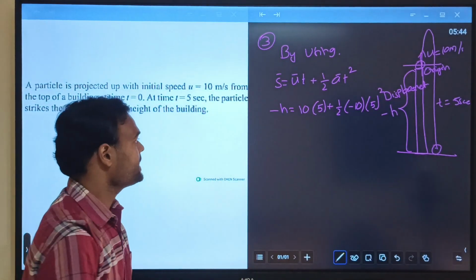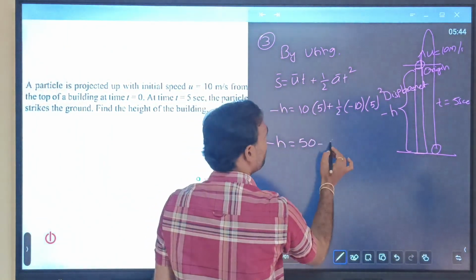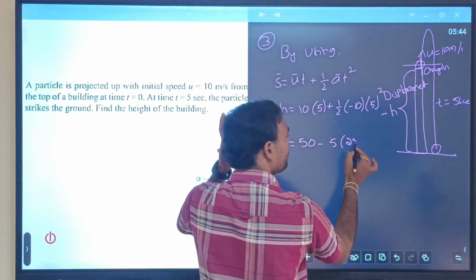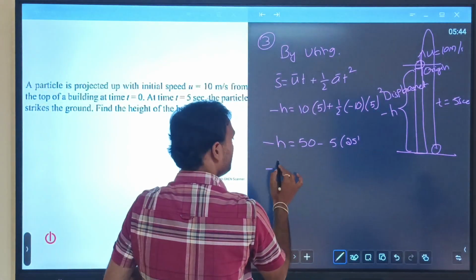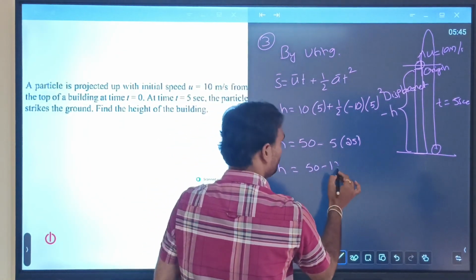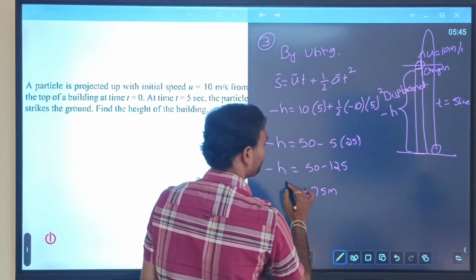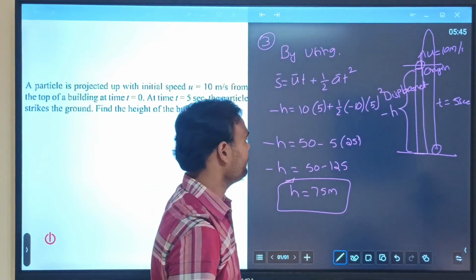Clear, right? Then minus h equals 50 minus 5 into 25, so minus h equals 50 minus 125, and h is equal to 75 meters.